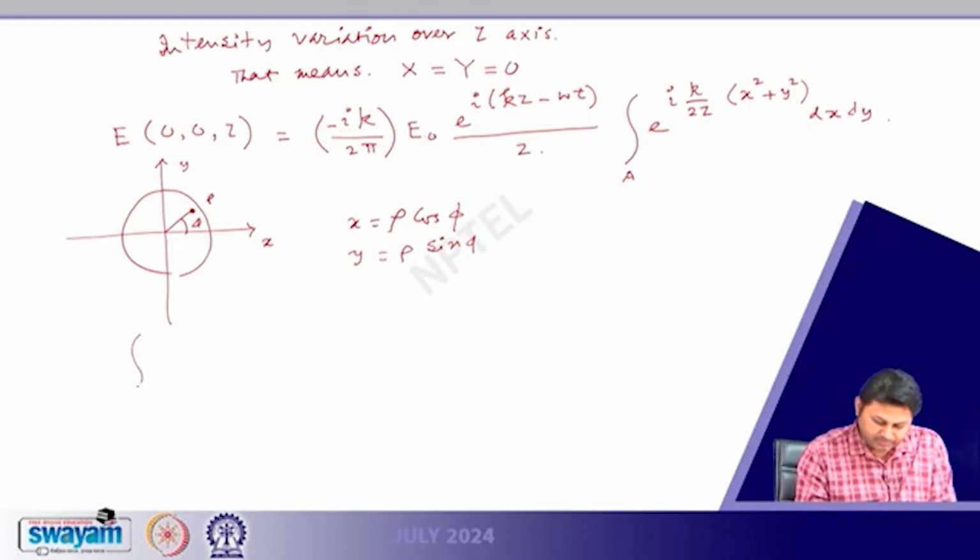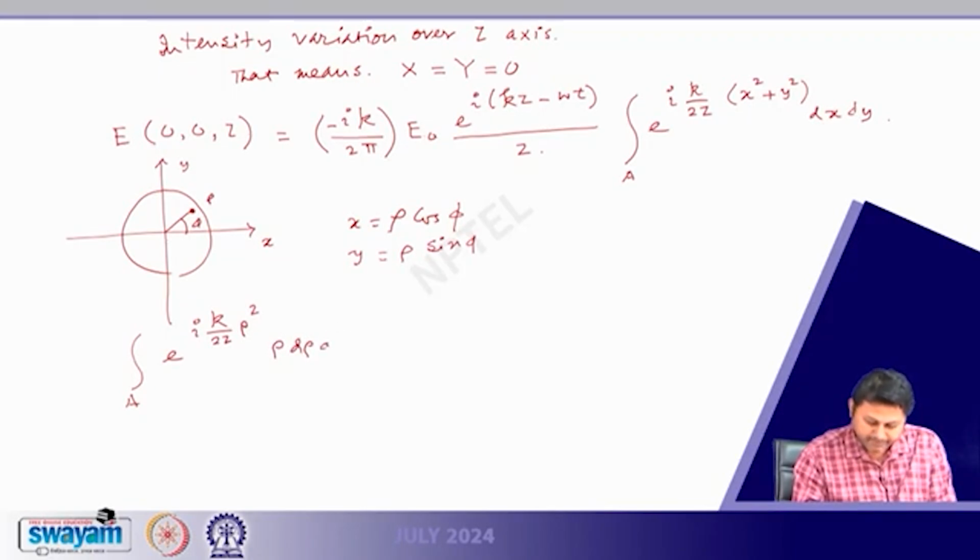So this area integral will be like this: e to the power of i k divided by 2z, times rho square, and then we have rho d rho d phi, that is the area.